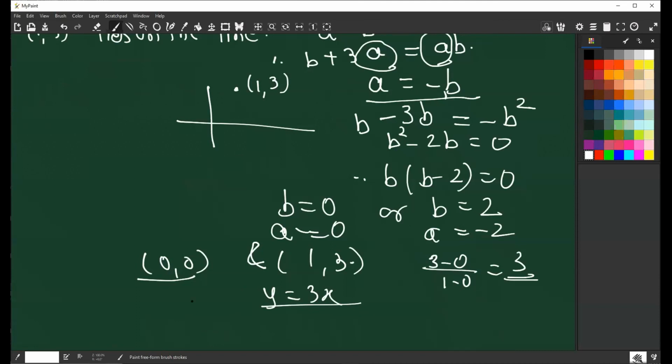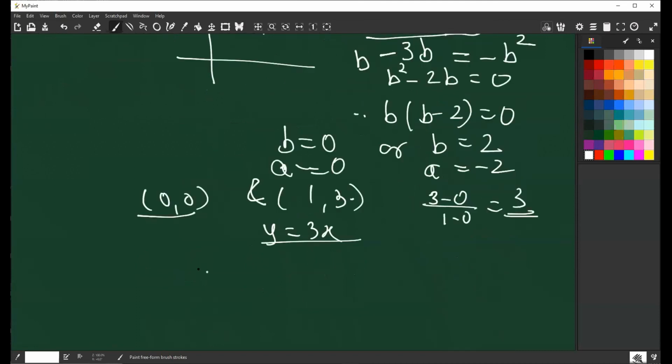And the second, I think you had all got correct. B is 2, means A is minus 2 and B is 2. So x upon x intercept plus y upon y intercept is equal to 1. Everybody got this, right?